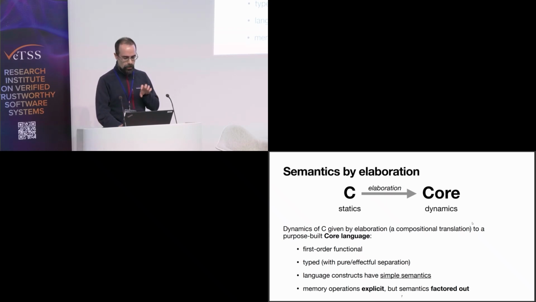So C is elaborated into a simple first-order functional language, which is typed with a really strict separation between effectful expressions and non-effectful ones, and everything is made explicit in the syntax instead of hiding everything like C does.